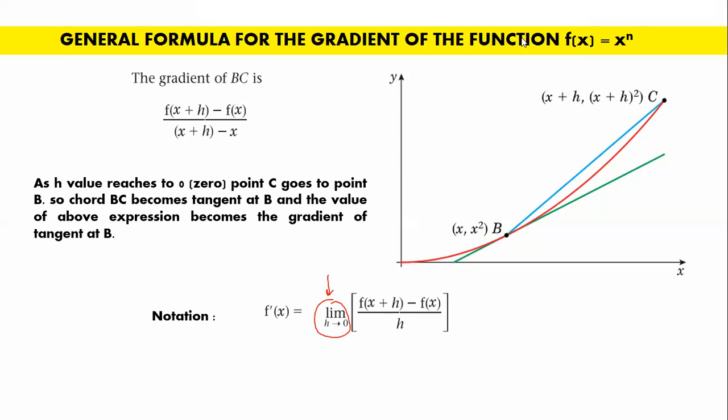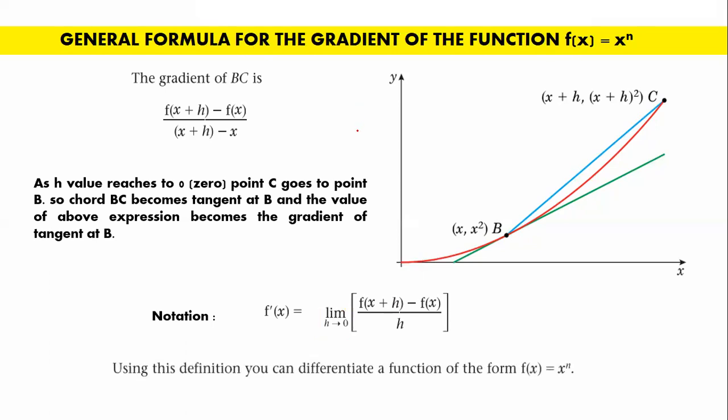Now, using this definition, we can differentiate any function in the form of f(x) equal to x to the power n. Let's look at an example. Let's try to find an expression for the derived function f'(x) when f(x) is equal to x to the power 3.